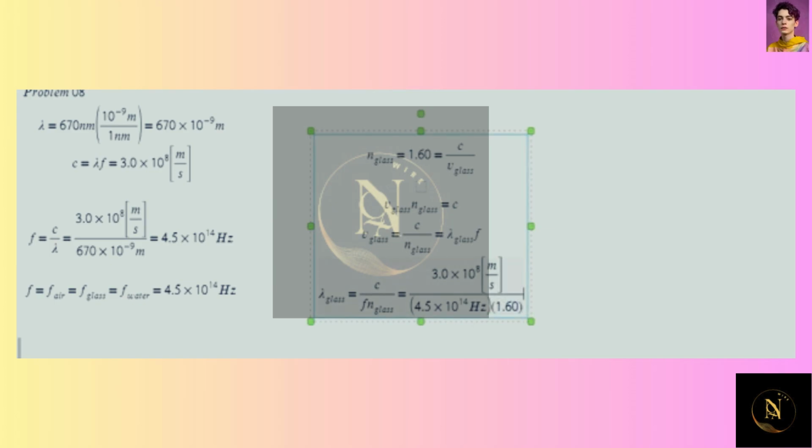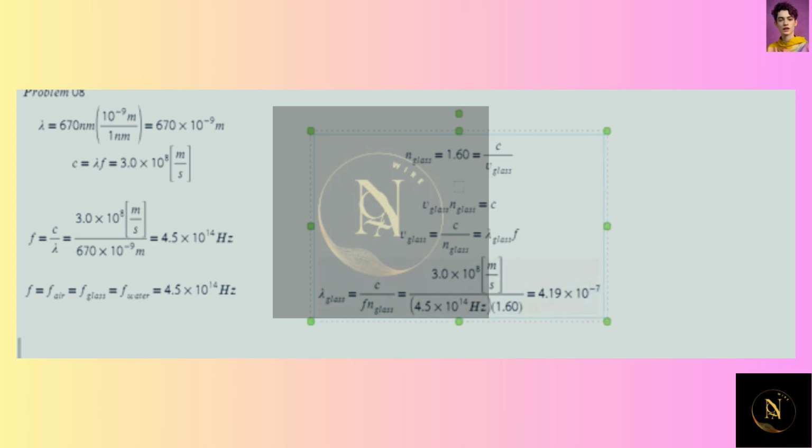Hertz is inverse seconds, which cancels with inverse seconds, and what we're left with is meters. So when we plug this in, we get 4.19 times 10 to the -7 meters.